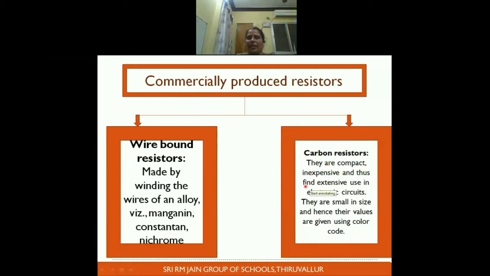These are compact and inexpensive, that is, low cost, and smaller in size, and we can find their values by using the color code.